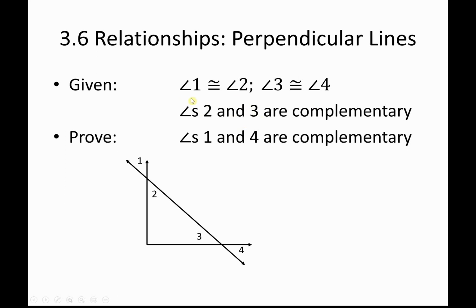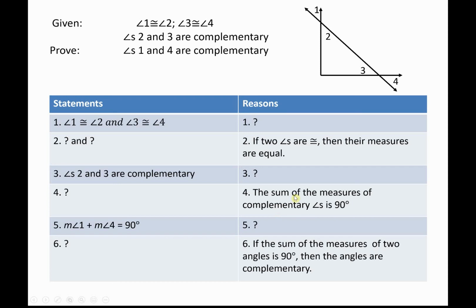And then we will be able to use all of this given information in pieces probably, and then we'll be able to logically reason our way to the prove statement, which is that angles 1 and 4 are complementary as well. Okay, so here we go. Here is our partially completed proof.